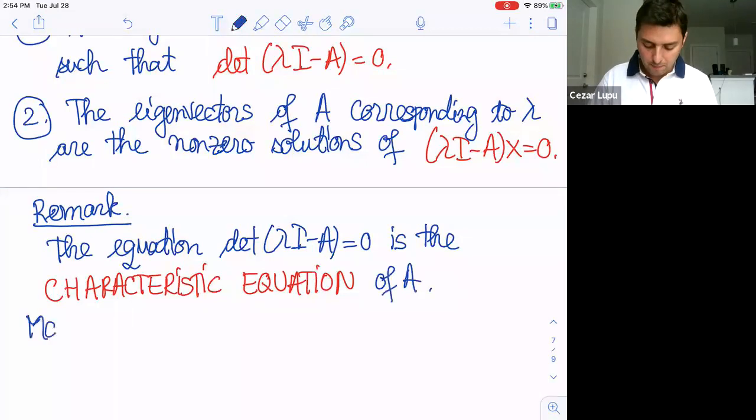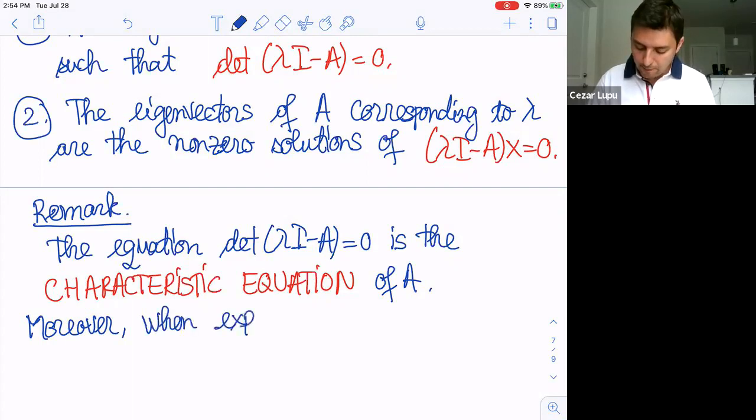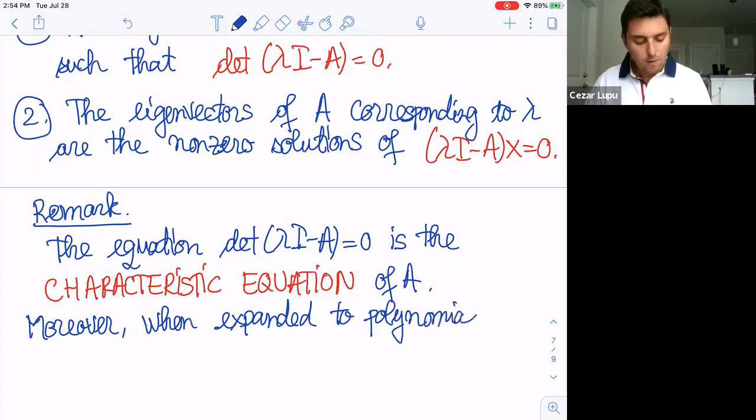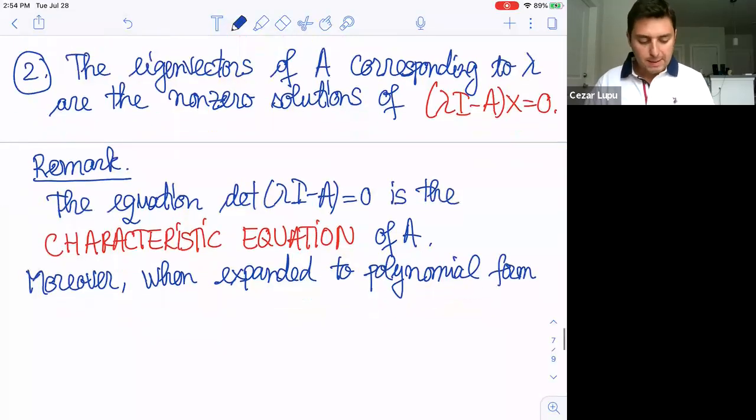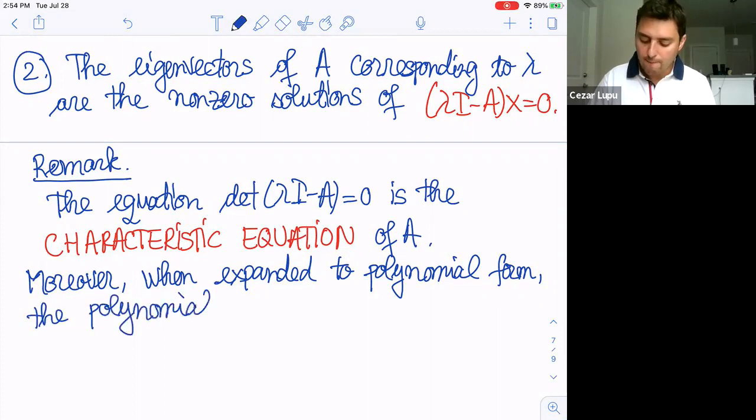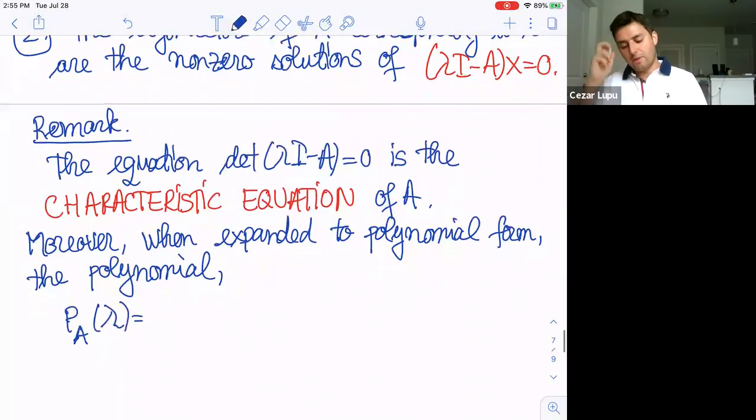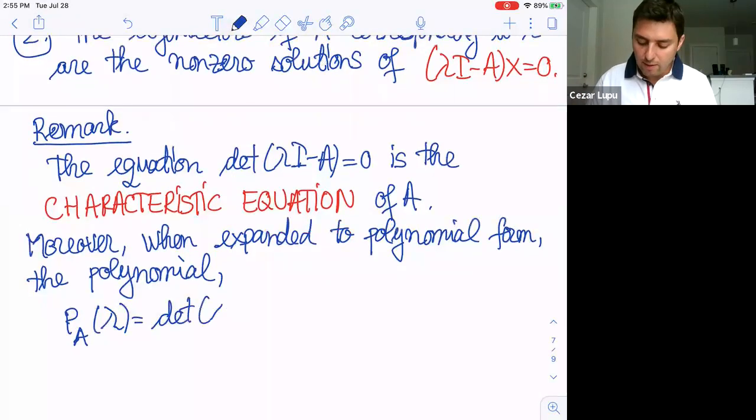Moreover, when expanded to polynomial form, the polynomial, I'm going to write it as P_A of lambda, which is the determinant of lambda times I minus A, will have the following form.